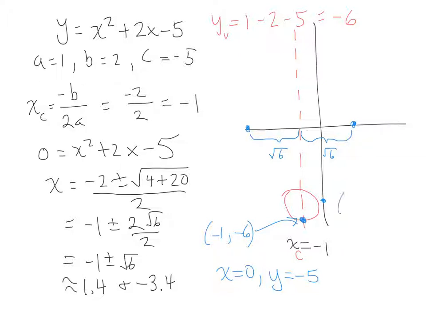There's a point (0, -5), and that means there's another point on the other side right in here. It's going to be roughly the same, and we should be able to roughly sketch our parabola. Let's do this in red, and it's going to look something like this.